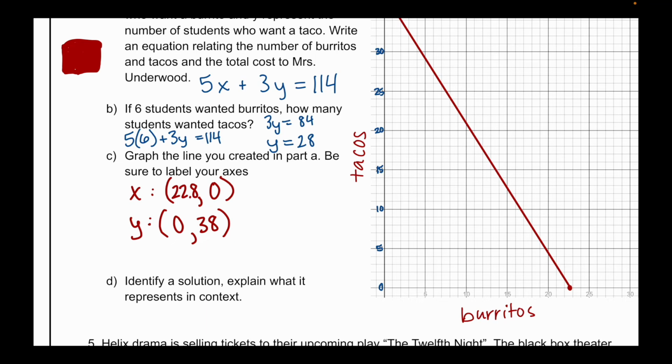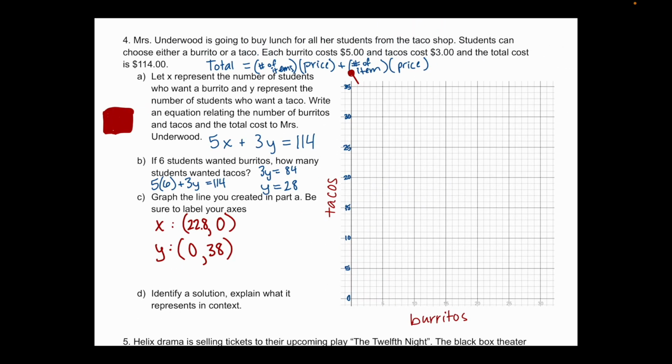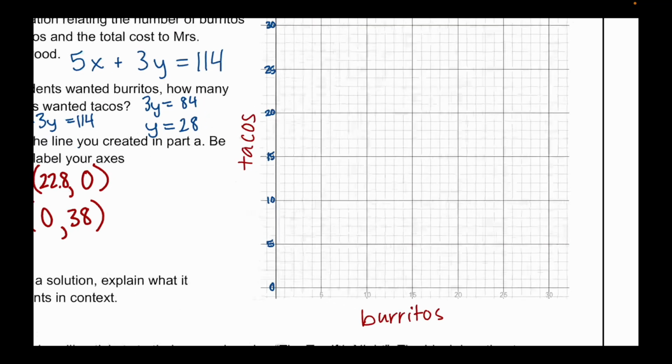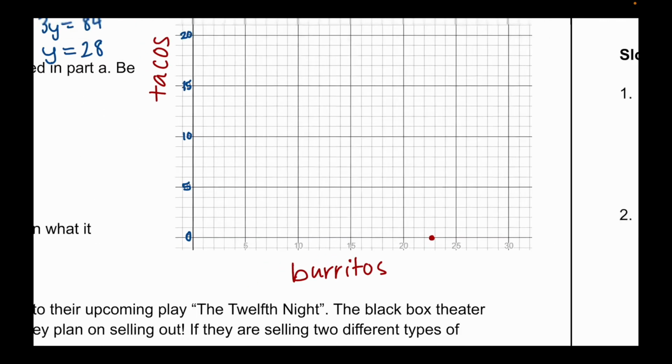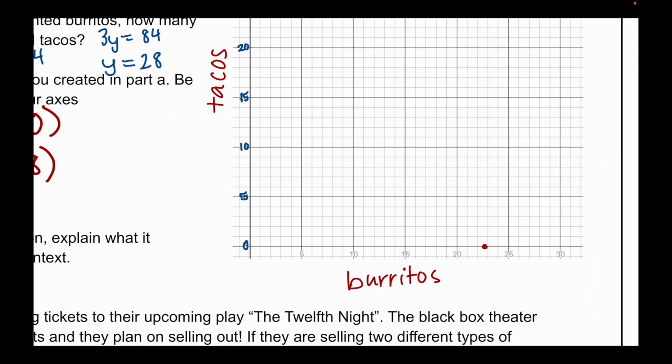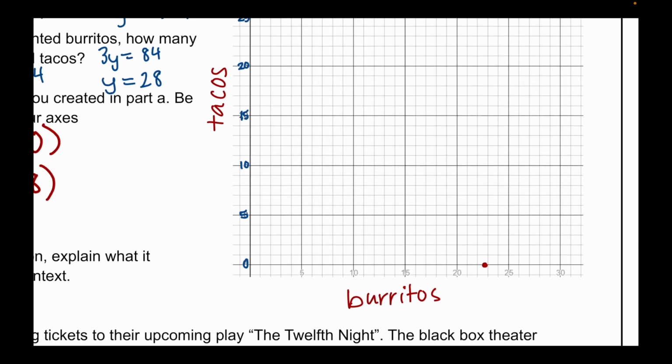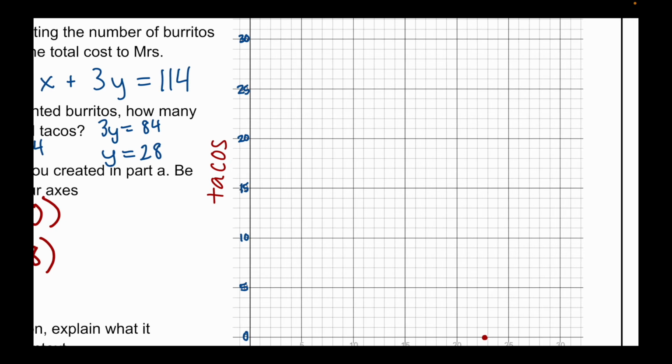Let me make this graph a little bit better, because I know I should be hitting both of those pieces. This should be 35. I should have a spot here at 22.8. And then we did say that we had one at 6 and at 28. So at 6 and at 28 would be right here.